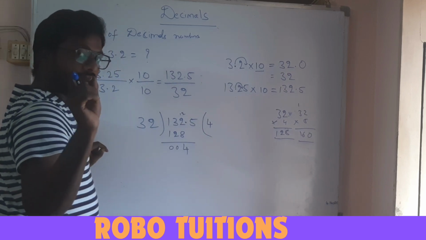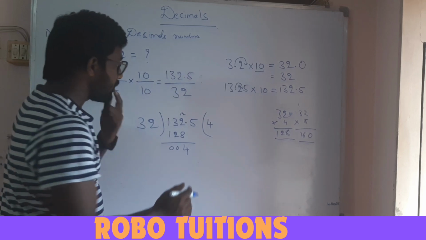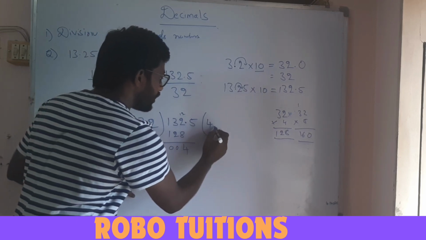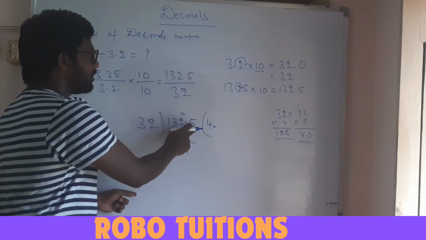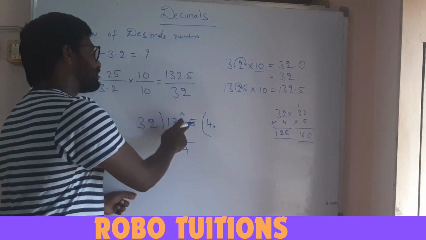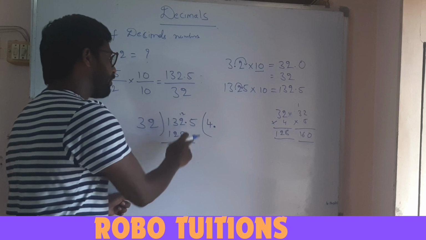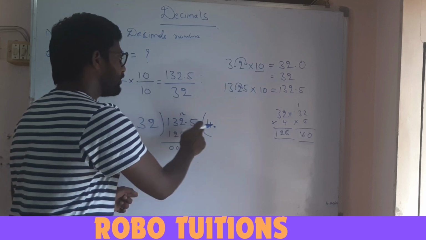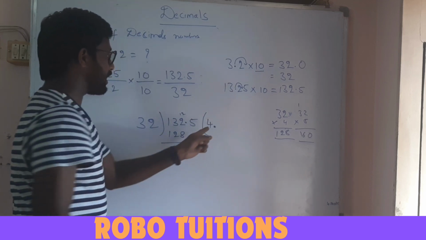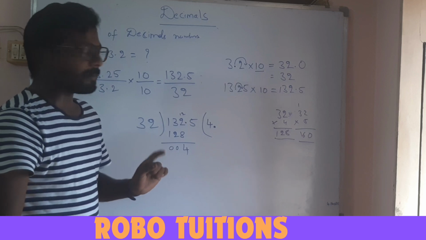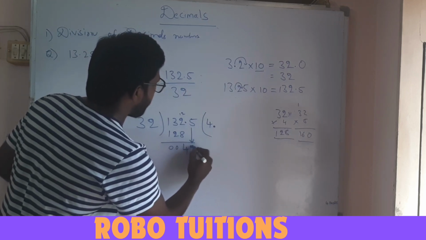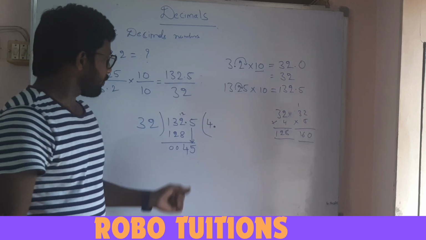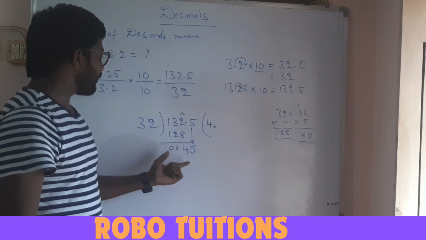So if there is a decimal point, you just put a decimal point here also, at the decimal point. Okay. So drop the 5 here. Okay, 45. So the number is 45.